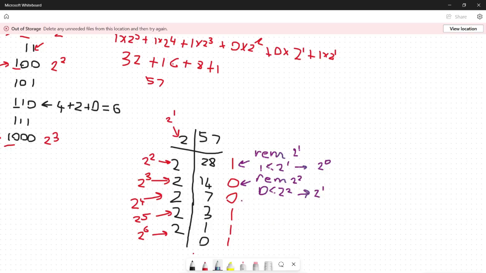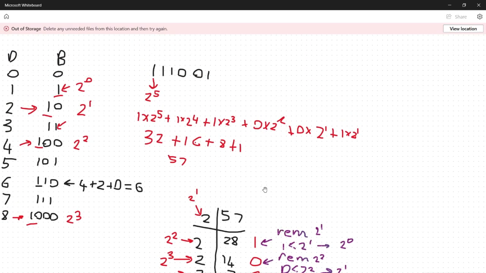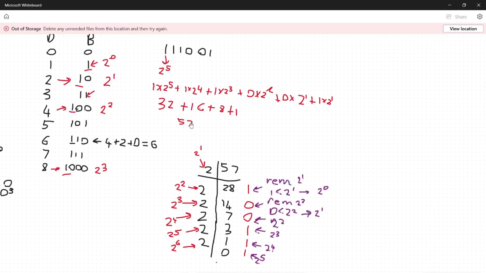So now this represents 2 to the power of 2, 2 to the power of 3, 2 to the power of 4, and 2 to the power of 5. And when we go back and look at our numbers for 57, we can already see it. That 2's there, that 2's there.